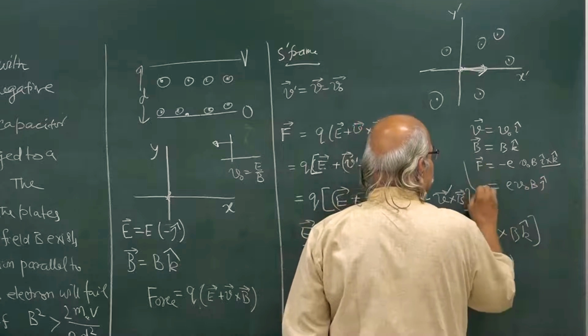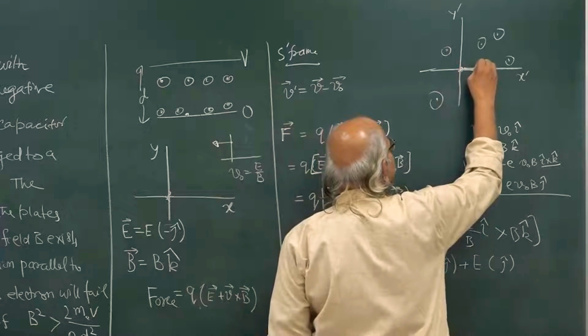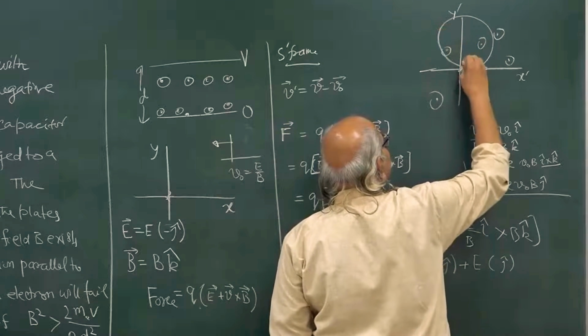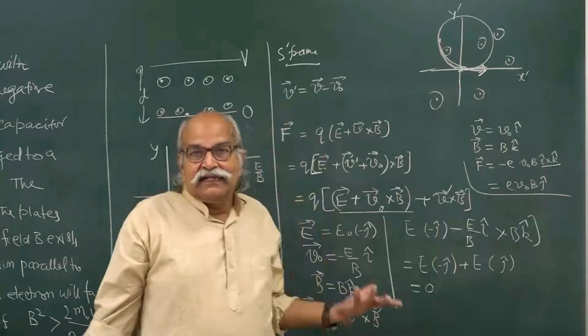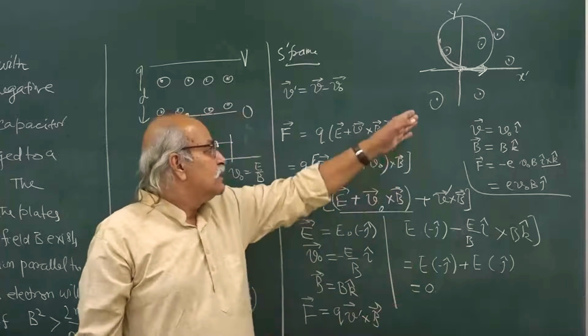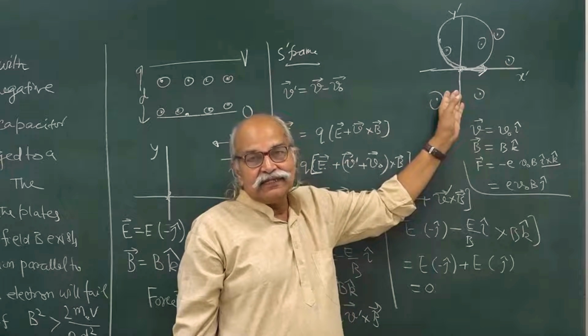That means it will bend in this direction, and it will go in a circle, because you do not have any electric field, and the initial velocity is perpendicular to the magnetic field.